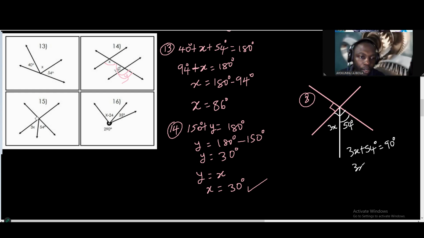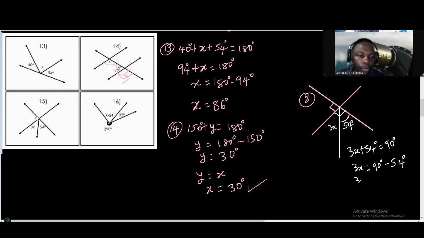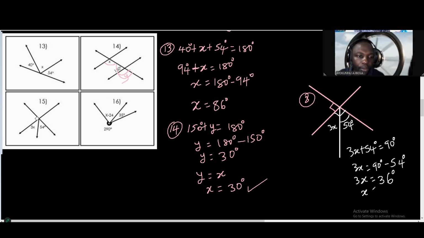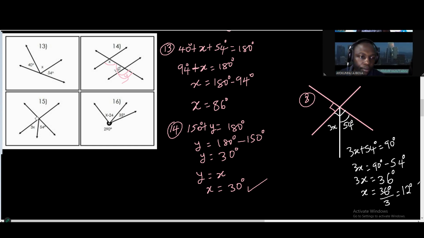So 3x equals 90 degrees minus 54 degrees. So what is 90 minus 54? 36. So x will be 36 over 3. And x will be what? 12. Is that clear?